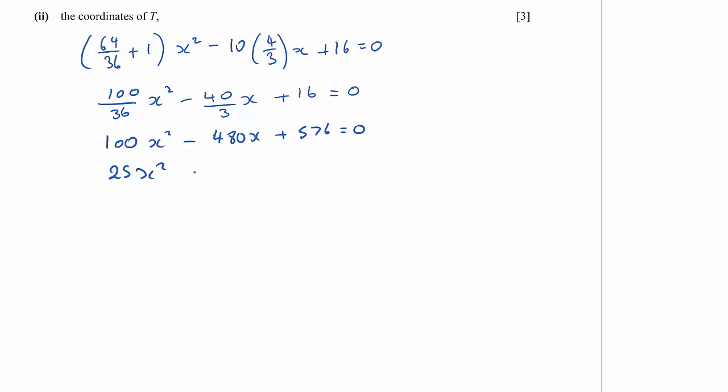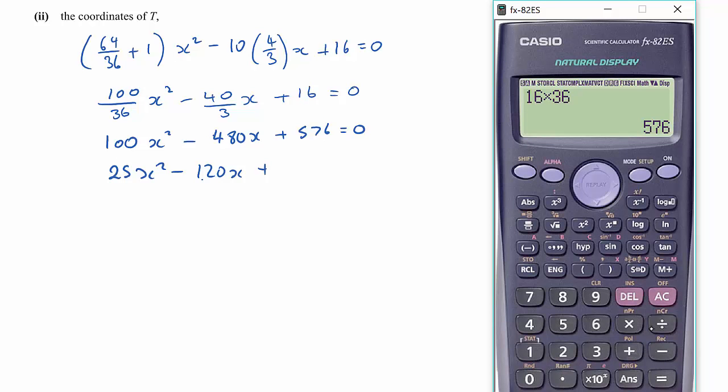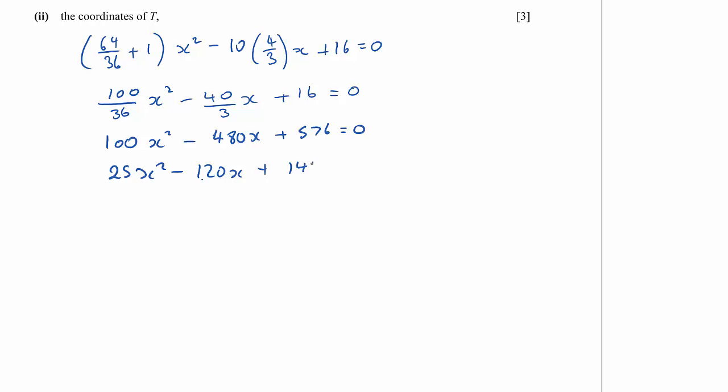So 25x squared, 480 divided by 4, that's 120, 576 divided by 4 is 144. Well, if you don't spot this, you could use the quadratic formula, but that actually looks like a perfect square to me. It looks like (5x minus 12) squared. So that gives me that x is 12 over 5.